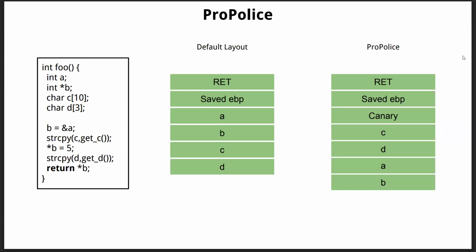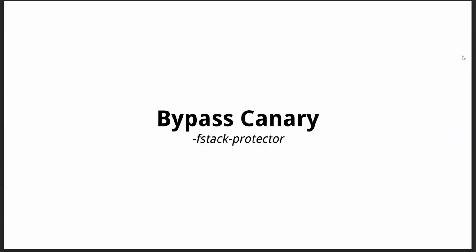They will place those buffers, C and D, at a higher address, then A and B at a lower address. Then even if you overflow D, you can override C, but you will not be able to override A and B. C can override the canary, obviously, but not A and B. So that is a difference.